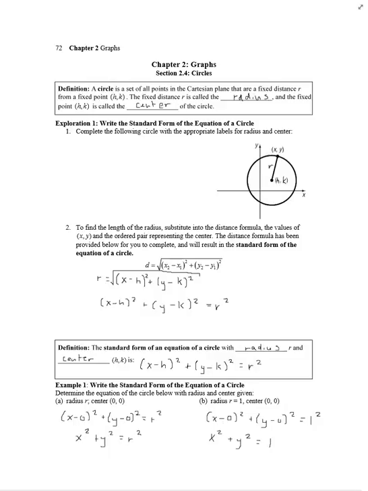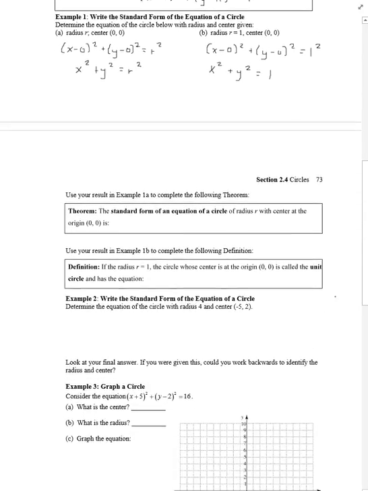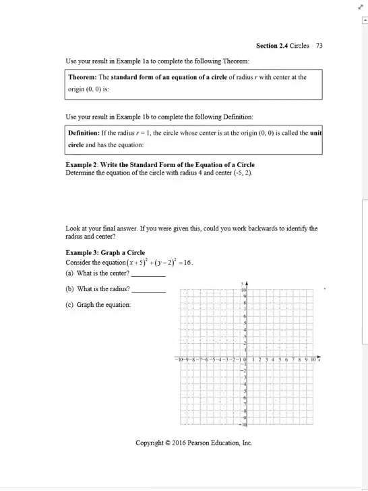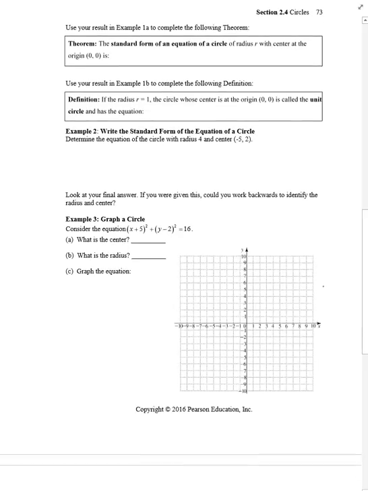So if I scroll to the next page, we have a theorem, and it says that the standard form of an equation of a circle with radius r and the center at the origin is x squared plus y squared equals the radius squared.